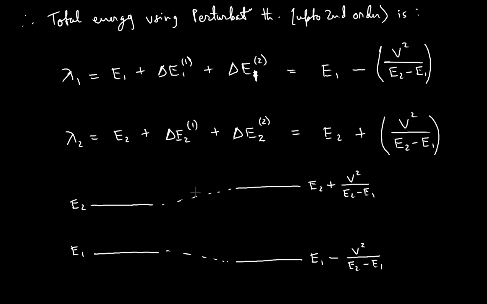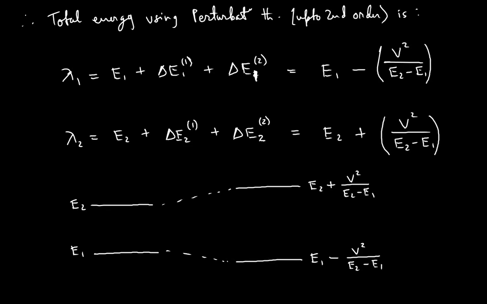This is the first observation, and the second observation is that the state with lower energy has become more bound, and the state with the higher energy has become less bound. More bound means going deeper in energy, right?